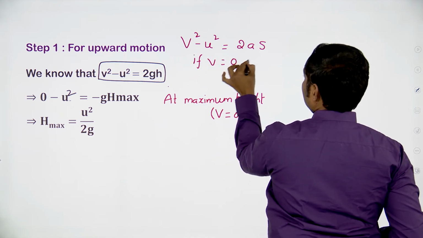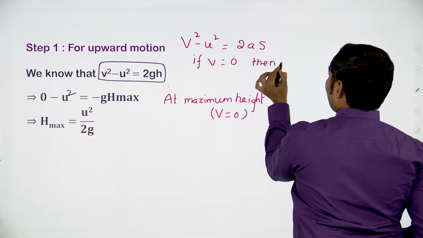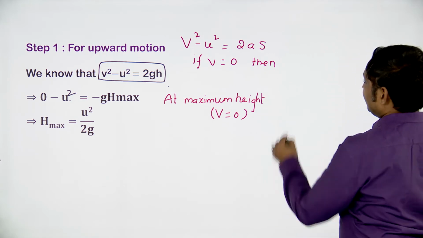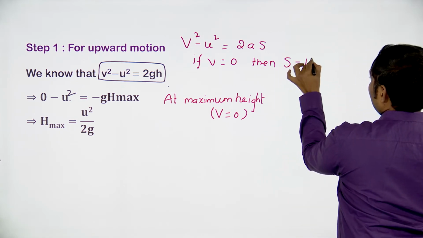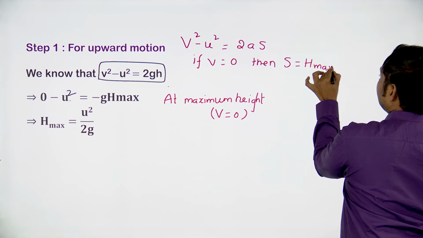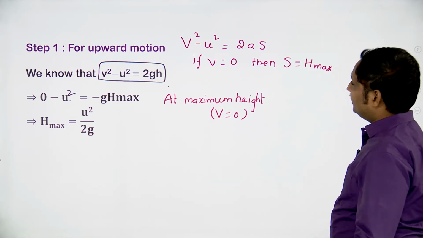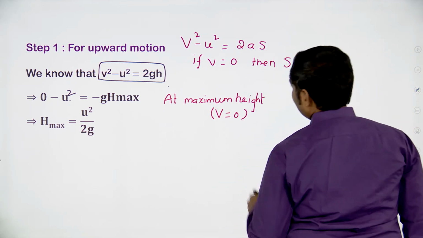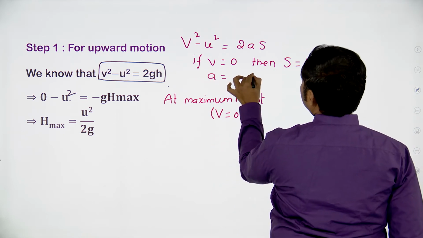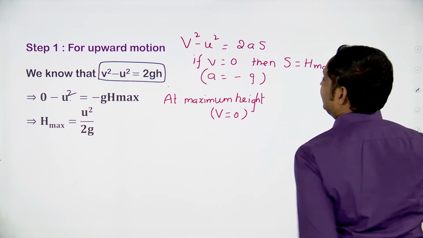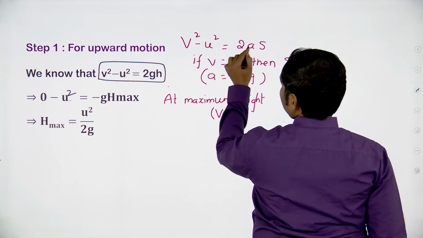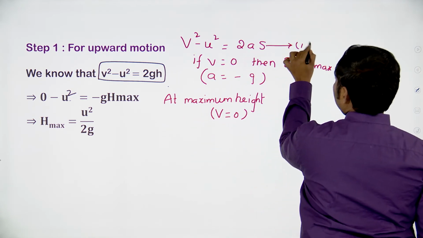V is equal to 0, then S is equal to H maximum. You have to confirm this, that is nothing but the vertical displacement, and we also have to consider A is equal to minus g. So this is the basic equation 1.